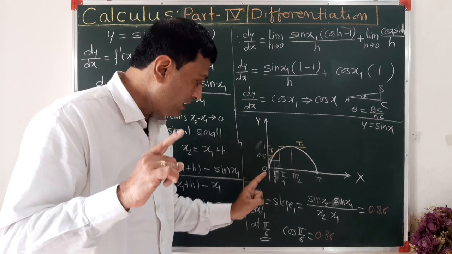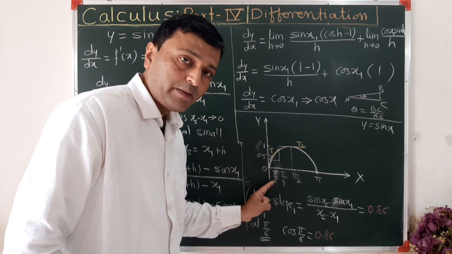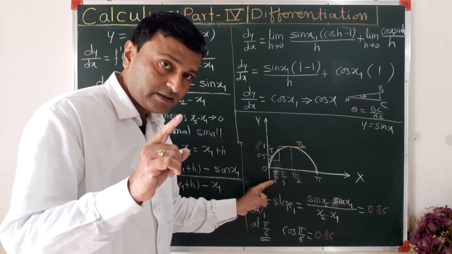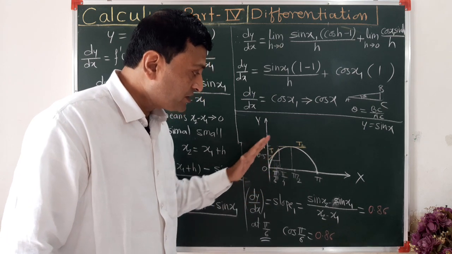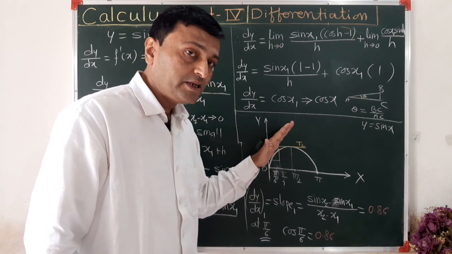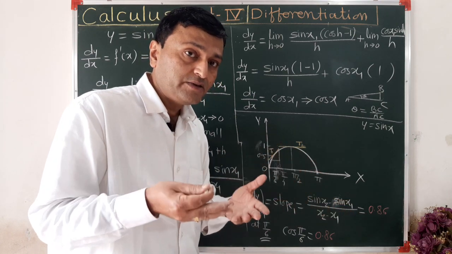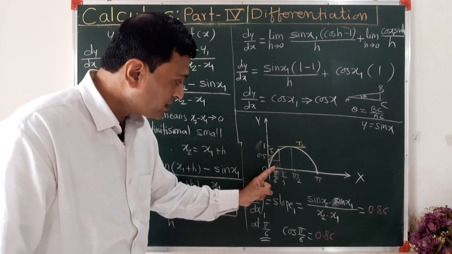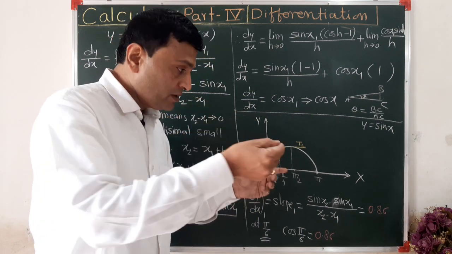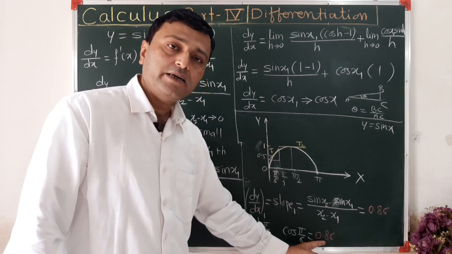The slope at this point, dy by dx at x equal to pi by 6, that is the rate of change with respect to x, I am getting 0.86. But that rate of change with respect to x is nothing but cos x. At pi by 6, if you see what is cos of pi by 6, it is also 0.86.